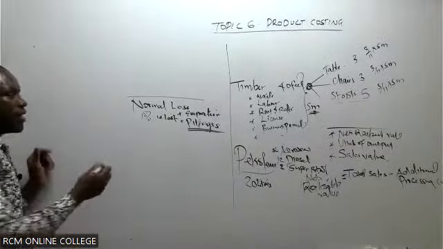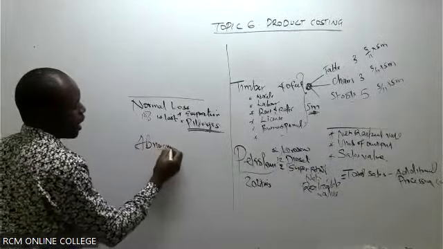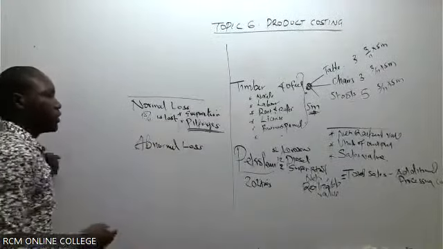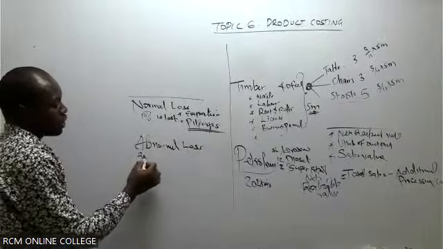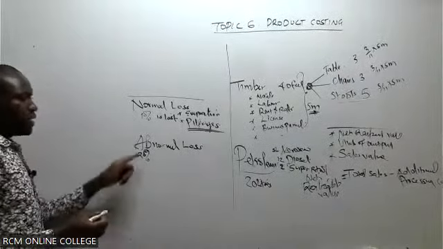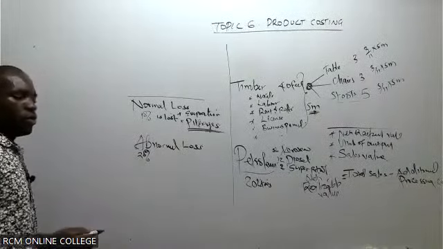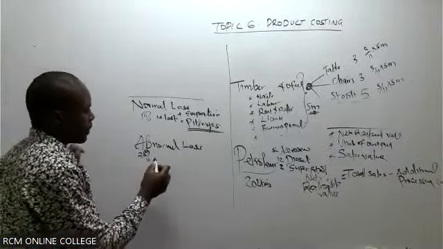But then you find that we have abnormal loss. Yes, here we expect 10% to be lost, but at the end of it, we are finding that the company has lost 20%. So 10% is under normal loss. Another extra 10% is going to be abnormal loss. This abnormal loss could be due to some factors here.